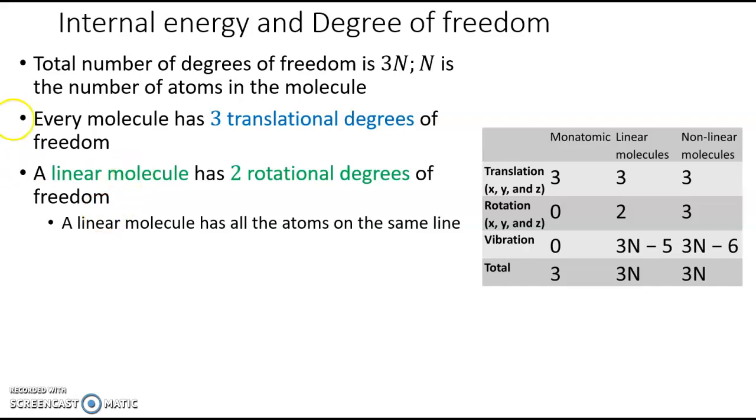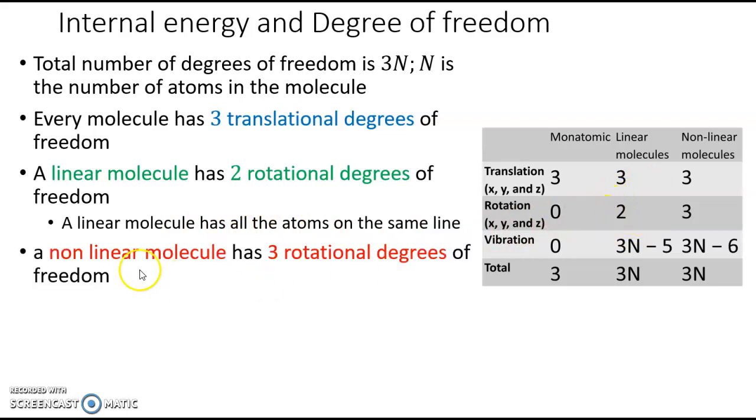Now, for rotational degrees of freedom, we look at linear molecules. So a linear molecule, all diatomic molecules are linear, and some polyatomic molecules are linear. A linear molecule has all the atoms on a straight line, as we looked at in a picture some slides back. So a linear molecule has 2 rotational degrees of freedom. A non-linear molecule, an example is water, has 3 rotational degrees of freedom.